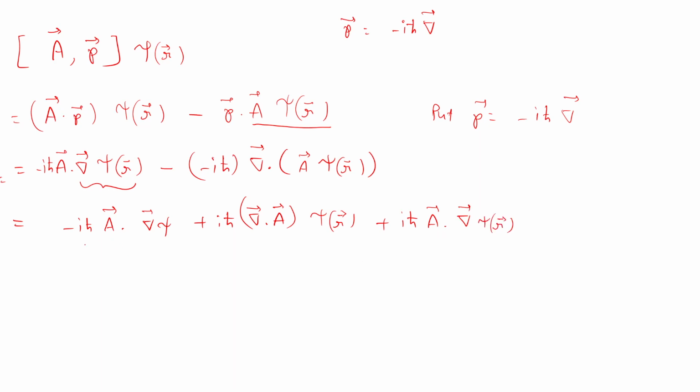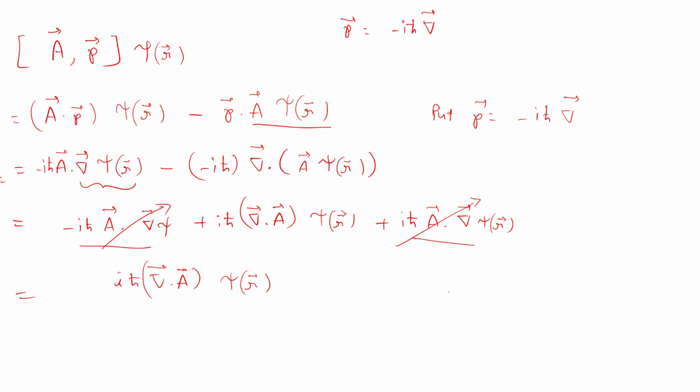Now you see this quantity is the same as that quantity, so this cancels that, and all we are left with is i h cross divergence of A times psi of R.